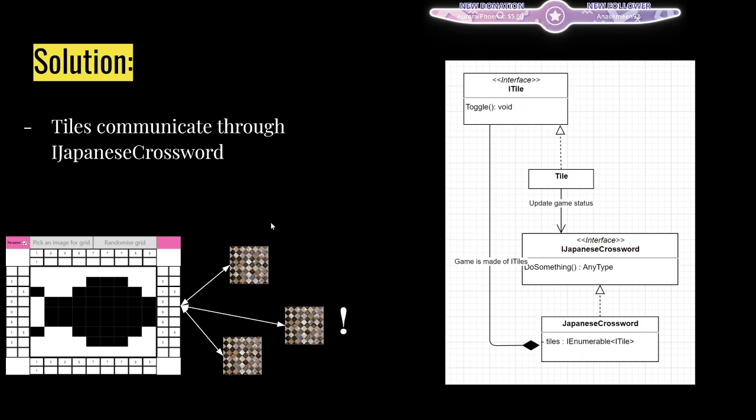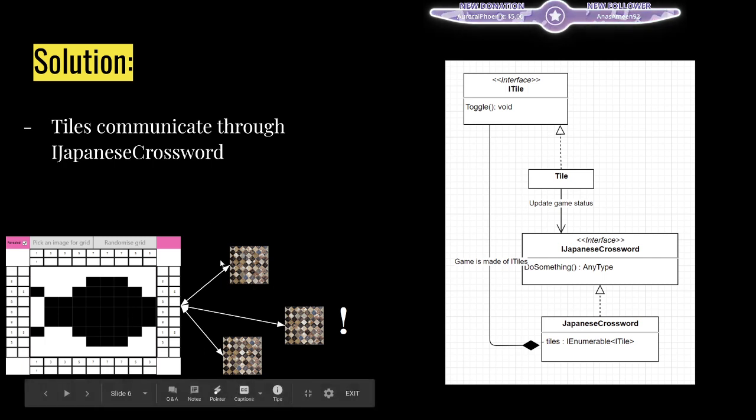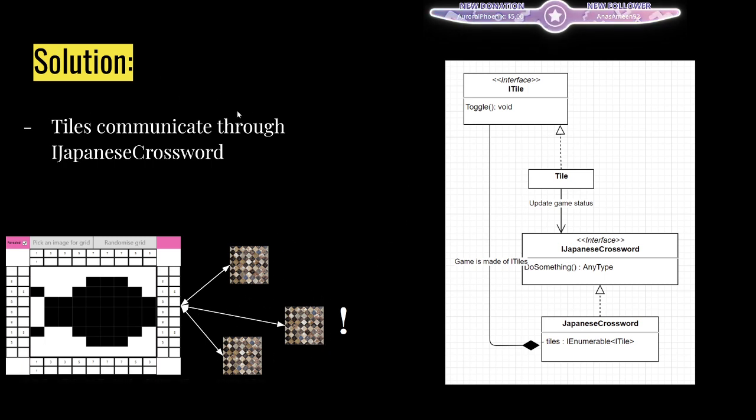It knows about their states. Tiles signal the mediator to check their state and see if the game is complete or not. As you will see soon, there is a slightly better pattern for this specific problem. And actually, I used that other pattern to solve this problem.